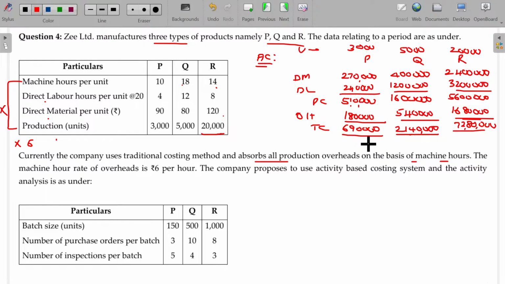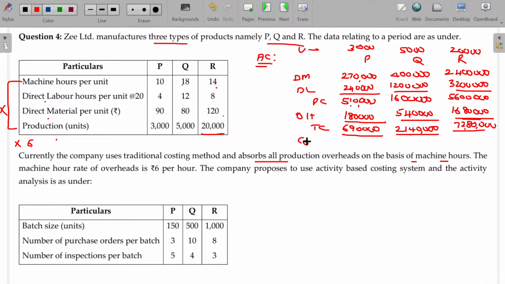Which one? This is 5 lakhs 10,000 only, no? 5 lakhs 10,000 or 51 lakhs? 5 lakhs 10,000, this is 1,80,000.